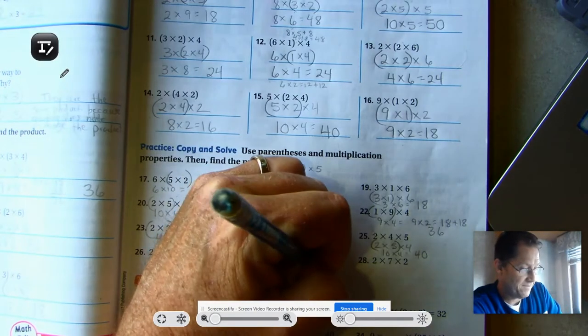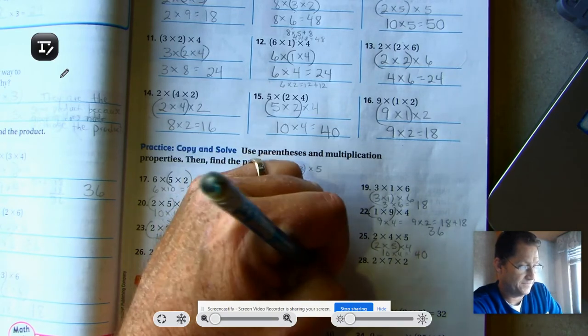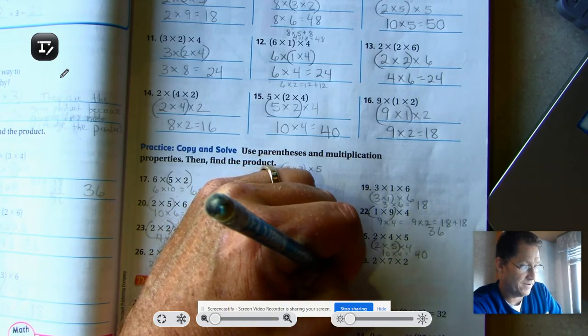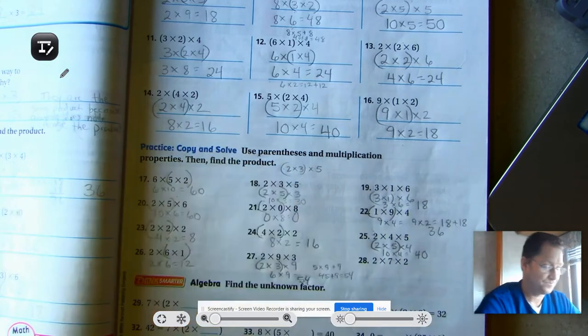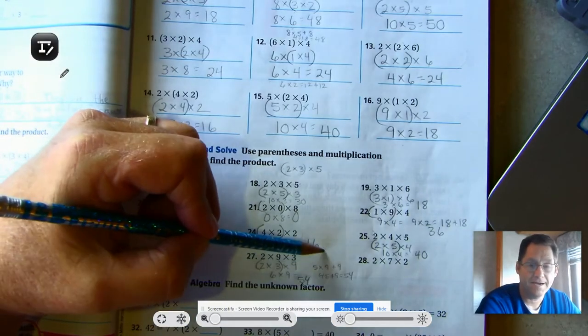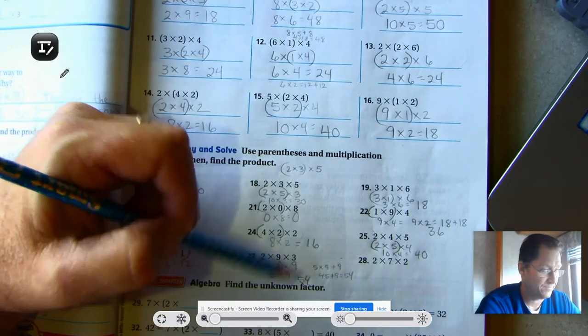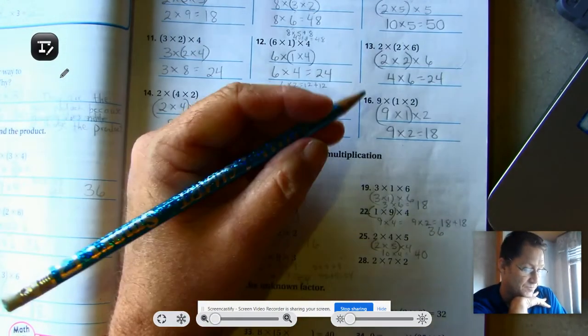I know 5 times 9 is 45, and 45 plus 9 is 54. So I used a factor I knew, 5 times 9, and then I added the extra 9 because there were 6 9s.